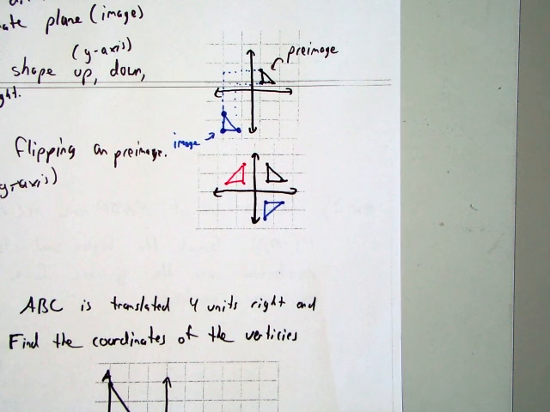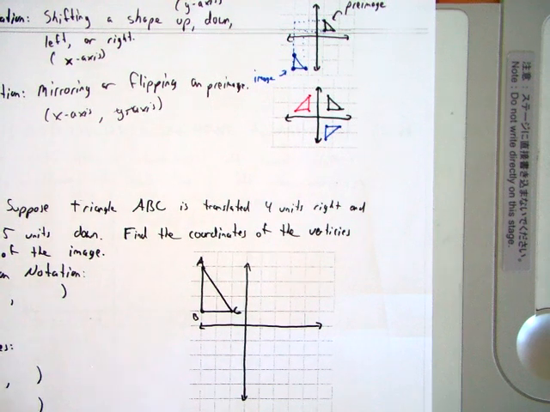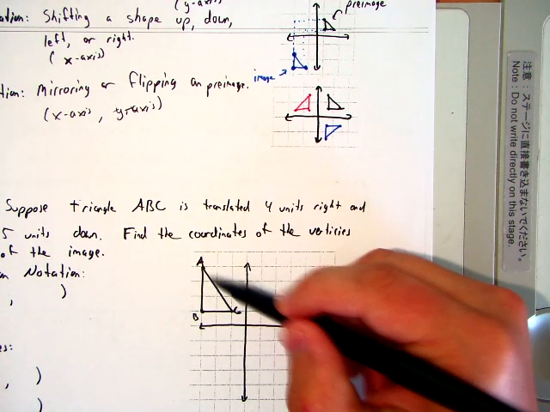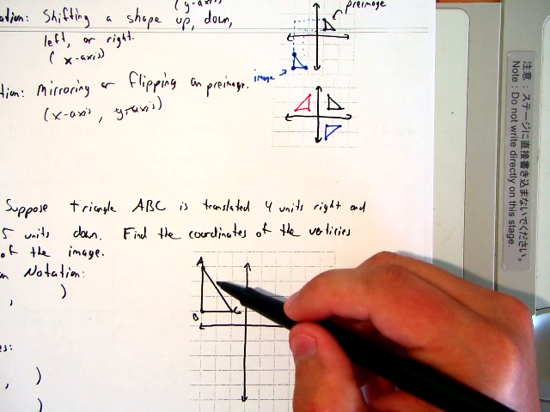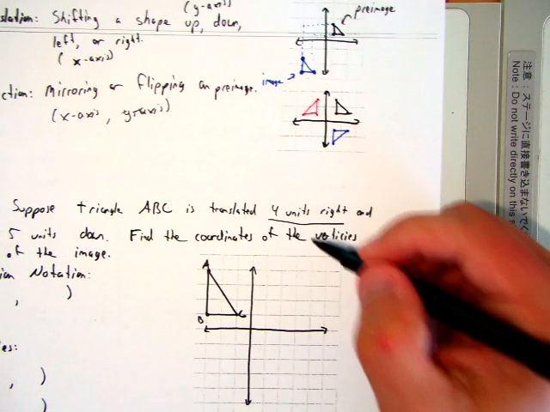So let's look at an example here. Example 1, this is going to be dealing with a translation. So it says, suppose triangle ABC, which is the pre-image on the coordinate plane right here, is translated 4 units to the right and then 5 units down.